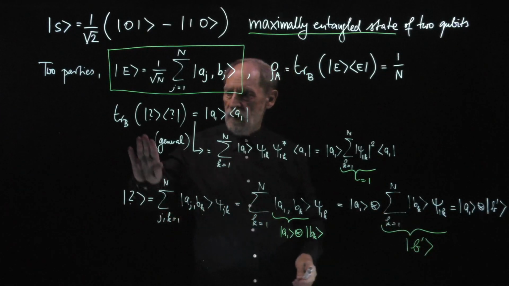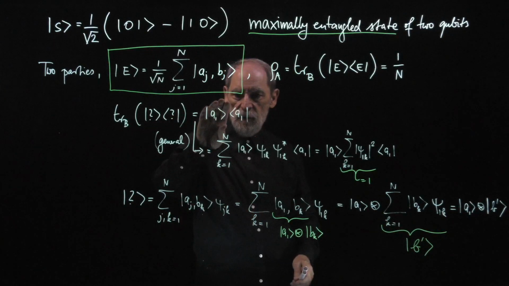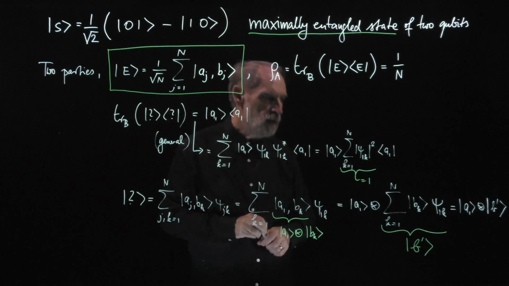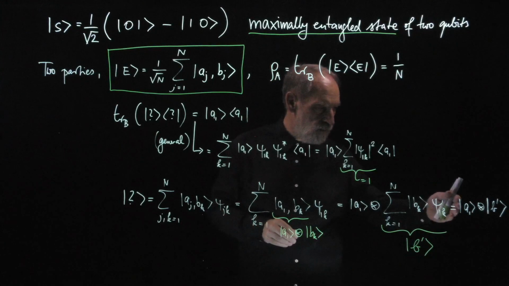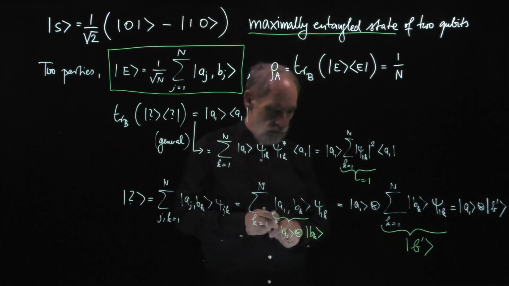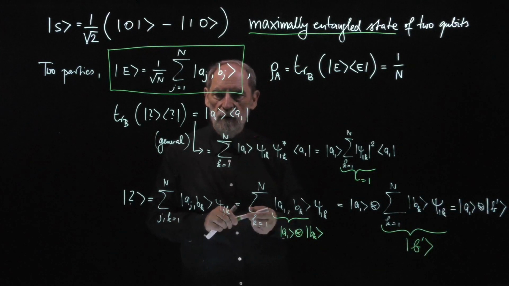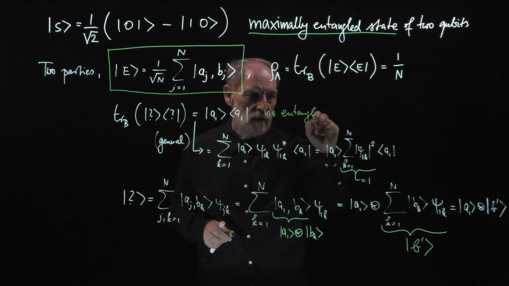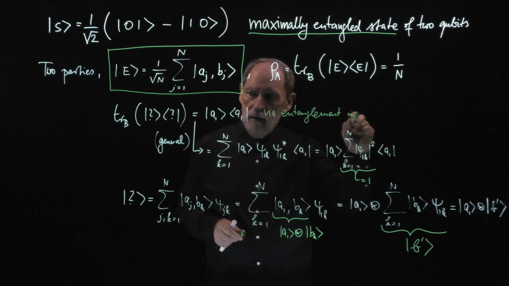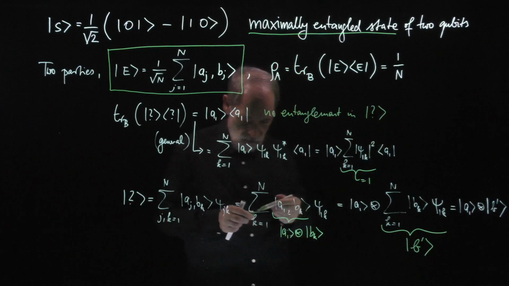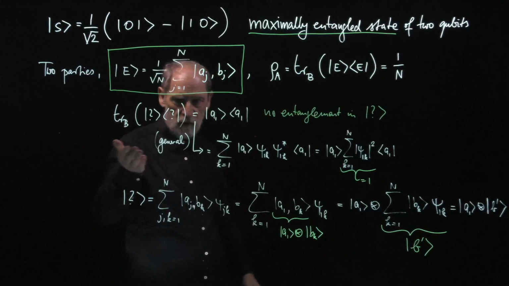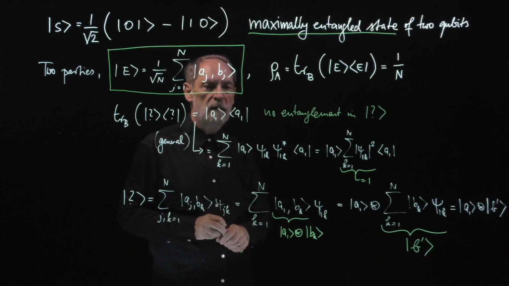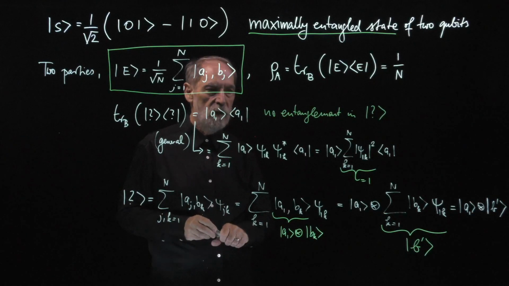And that is to say, if we insist on having a pure state for system A after the tracing, then we have a tensor product state to begin with, and there is no entanglement. Okay? No entanglement in the question mark state, if the question mark state has the property that if I trace out one of the parties, we get a pure state for that party.